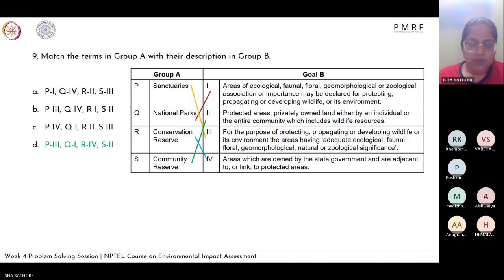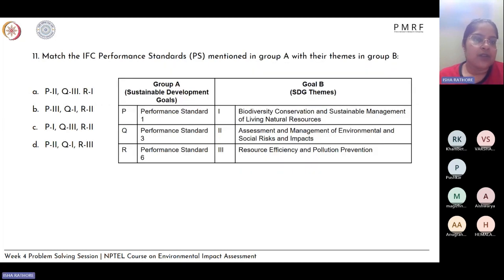Okay, moving on. Match the IFC performance standards mentioned in Group A with their themes in Group B. So in Group A, we have a performance standard number, and in Group B, we have their themes around which they operate.